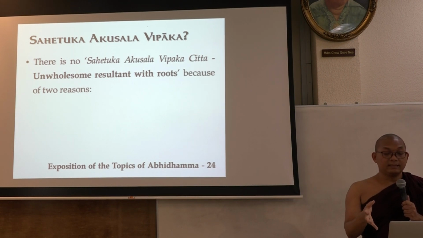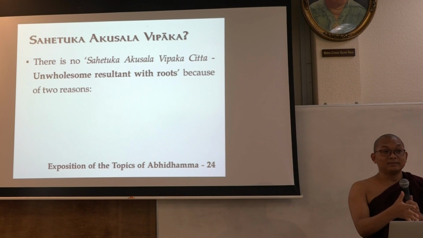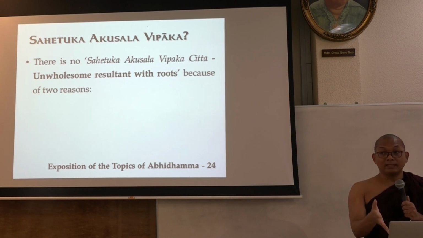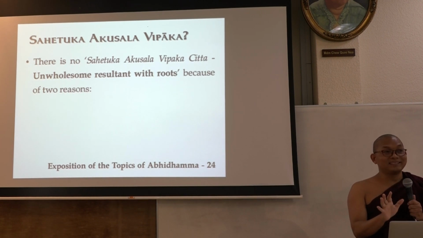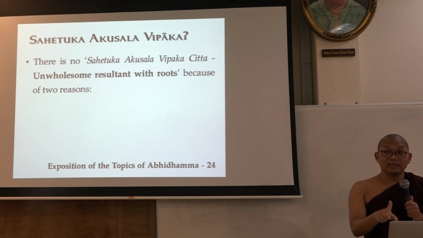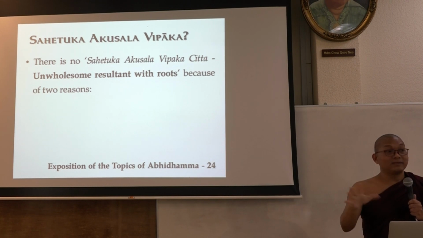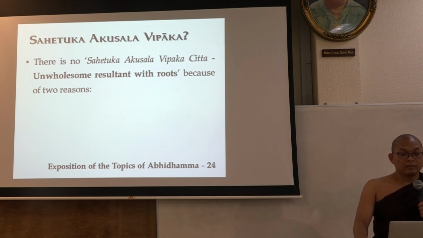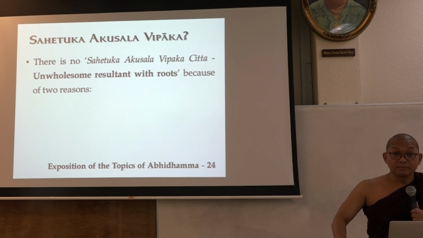For that reason, the author of the Abhidhammattha Sangaha does not put the word ahetuka before akusala vipaka. Because it is not necessary, right? There's only one type. No need to distinguish whether akusala vipaka is ahetuka or sahetuka. So therefore, the sub-commentary.